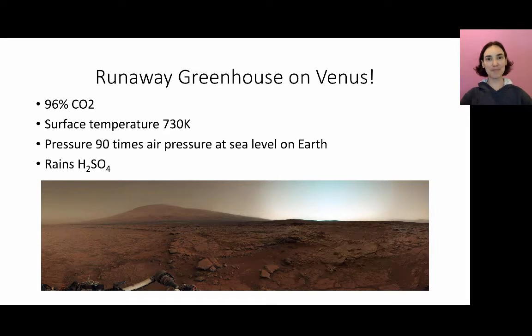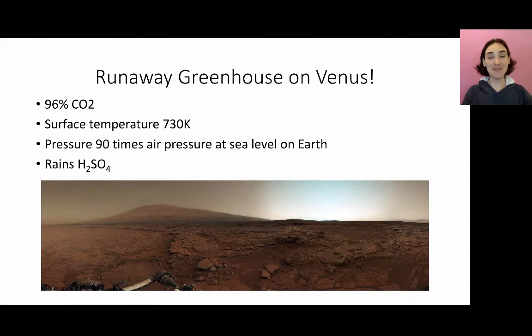And the pressure down on the surface of Venus is 90 times air pressure at sea level, so it's like being underneath a kilometer of water. It wouldn't be good to be on Venus. It in fact rains sulfuric acid on Venus, but the sulfuric acid, of course, evaporates before it hits the ground because it's so hot.